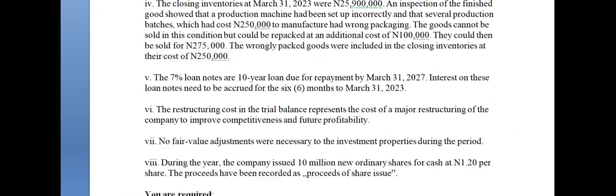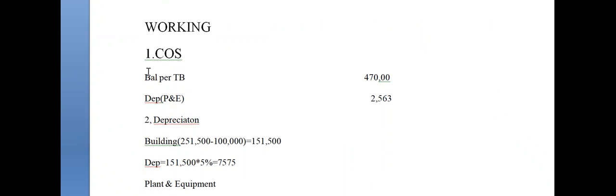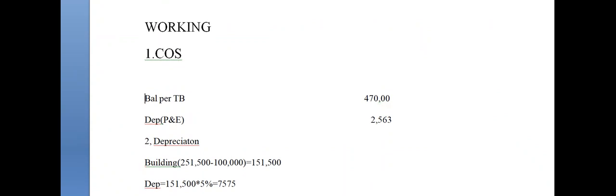So meaning that our cost of sales, now that we are looking at it as a working, we are supposed to start with opening inventory. What is given to us in the trial balance?